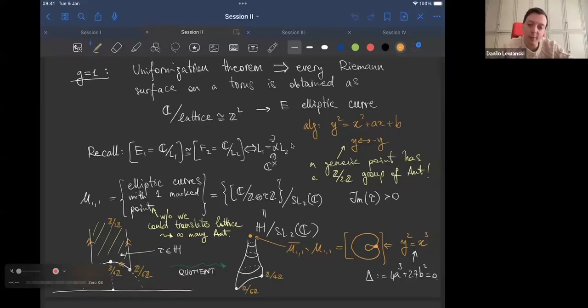So now the isomorphisms are given by the proportionality in the complex numbers, and this is encoded by SL2. And you also want the imaginary part of tau to be positive, because you can always take the fundamental domain and find a representative in the positive, so as not to overcount.